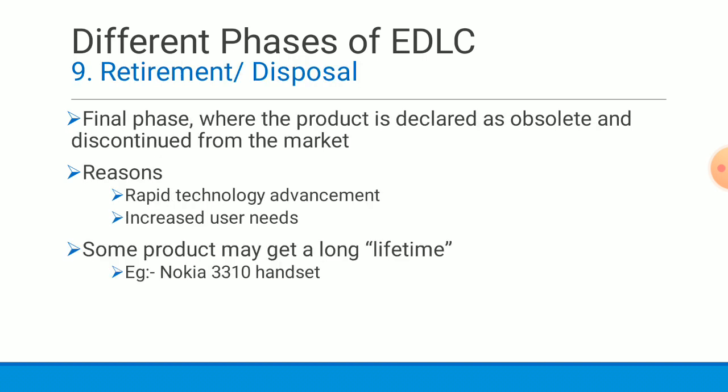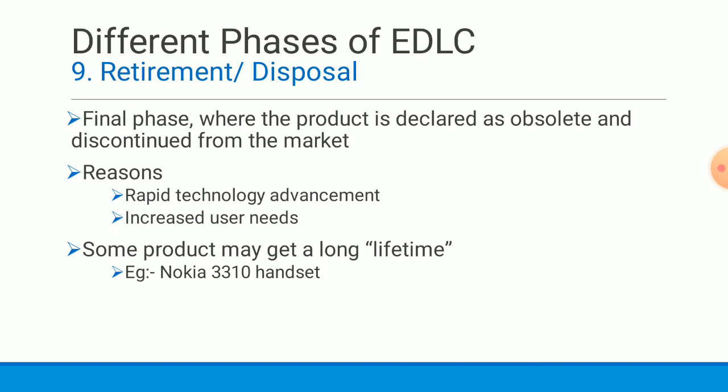And the last phase is retirement and disposal. So this phase is the final phase in a product development life cycle. Okay, so in this phase the product is declared as obsolete and it is discontinued from the market. Okay, so when does the disposition of a product become essential in a product development life cycle, that is the question.